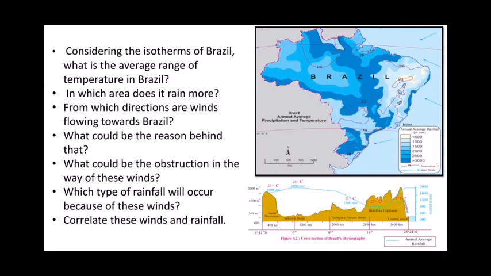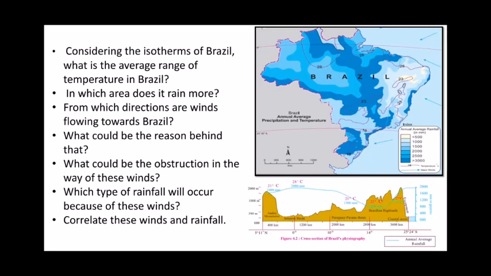Looking at the map, you can see that the average range of temperature in Brazil is 10 degrees Celsius, that is 28 degrees Celsius to 18 degrees Celsius. Next question is, in which area does it rain more? It rains more in the northern and central part of Brazil.